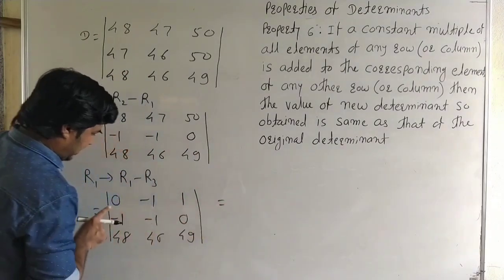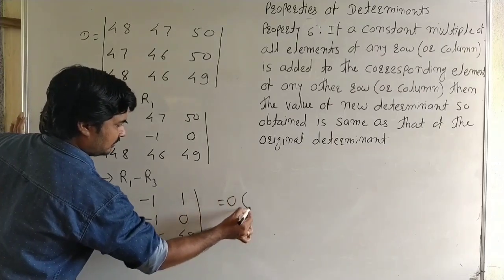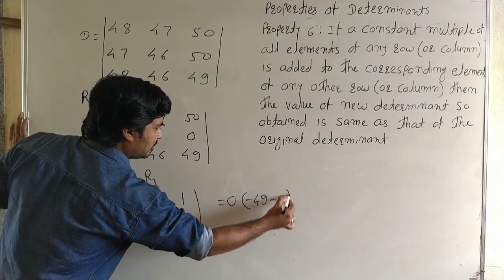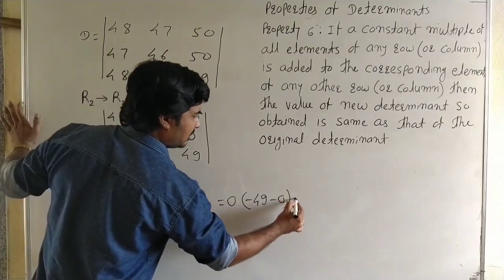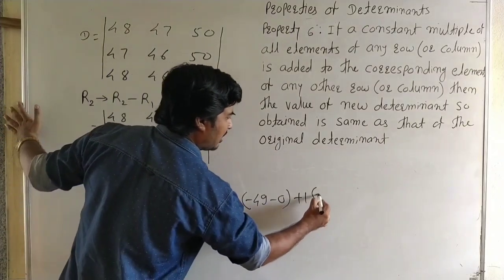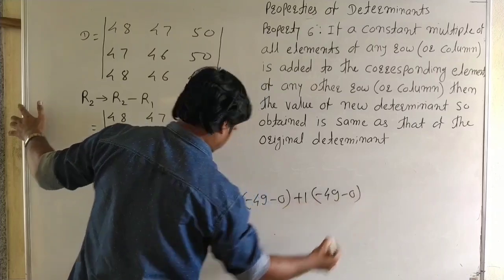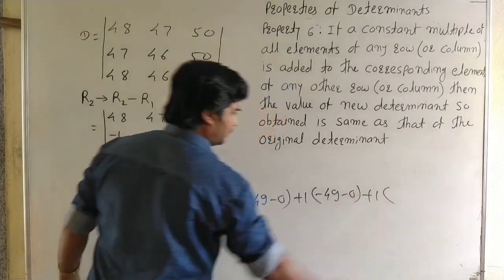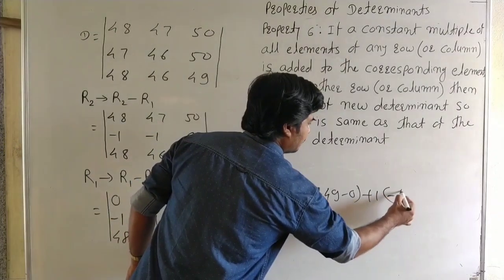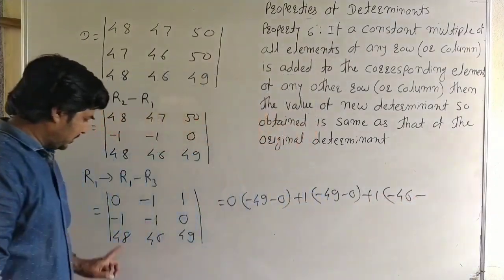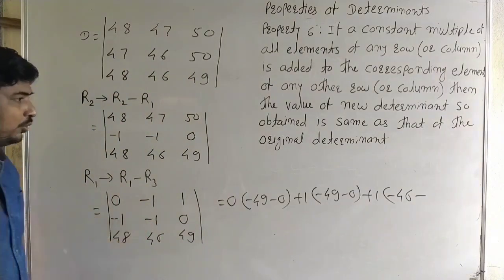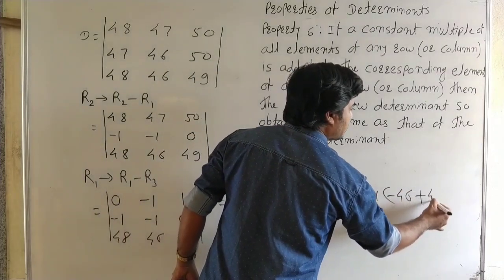We can write here it is 0 into minus 49 minus 0. Change the sign of the middle term, so it is plus 1 into, see carefully, minus 1 into minus 49, it is minus 49 minus 0, and plus 1 into, again here minus 46 and minus, the multiplication of both, minus 46 minus 48, so here it is plus 48.